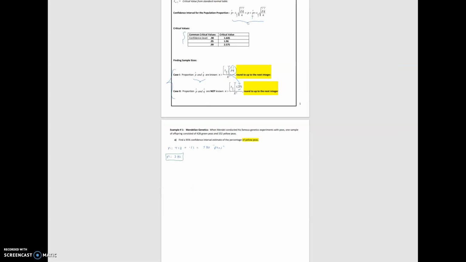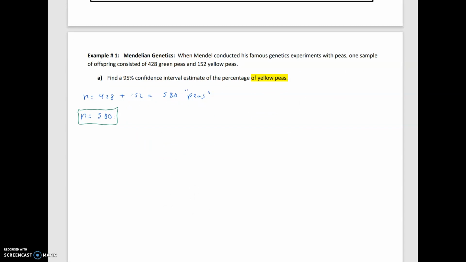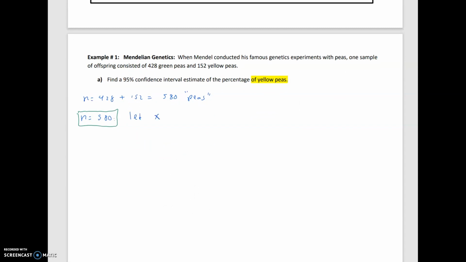So in this case, we're going to have that x. So we're going to let x equal, since we're creating a confidence interval on the yellow piece, the total of yellow pieces. So in this case, x is going to represent the 152 yellow pieces.